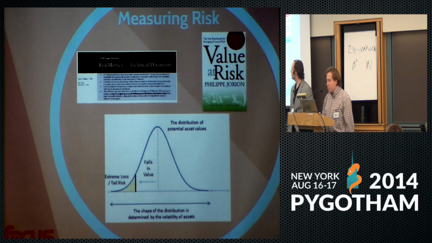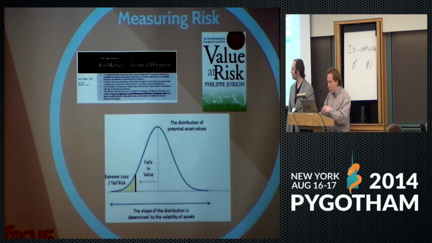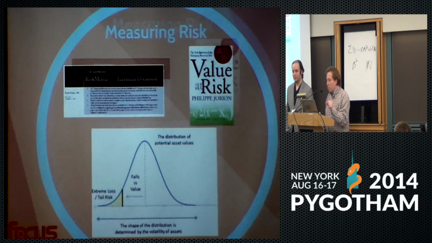So the idea is just to check in a simulated portfolio, with a certain confidence interval, what are going to be your expected losses. So the idea is you model a distribution, you generate all simulated values for your portfolio based on a few parameters that you have for that distribution. You subtract that from the current value of the portfolio, and then you check what are your possible losses.